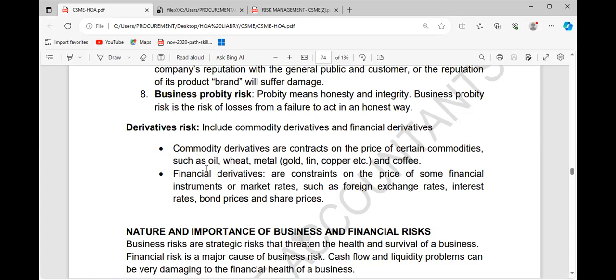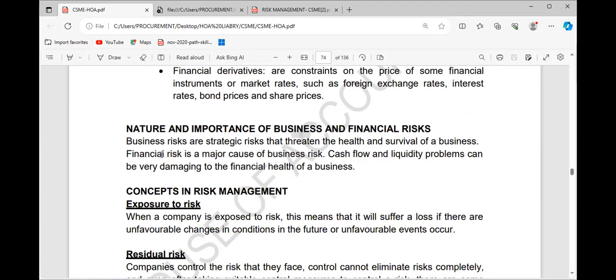Commodity is talking about goods, like wheat, while financial is talking about exchange rate, interest rate, share price, and so on. When I get there, I'm going to explain better.